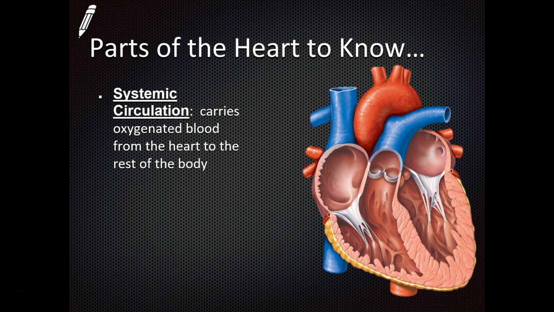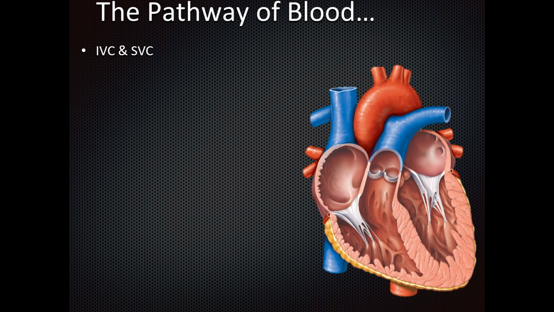Systemic circulation starts in the left atrium and ends at the rest of the body. Okay. Why is this systemic? Well, it's sending blood, oxygenated blood, to the rest of the system or rest of the body. Okay.